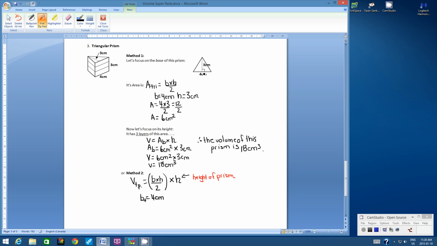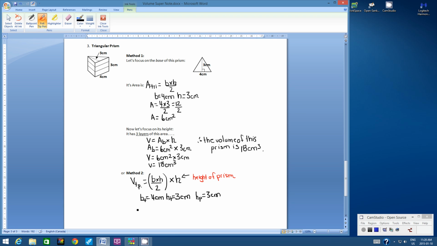And we know that because there's a little diagram up here. The height of the triangle is 3 centimeters. And the height of the prism is, we look back here, 3 layers. It has 3 layers, so we have 3 centimeters. Now I just put these little letters here, these little codes, just so that we know what they mean. This is base of the triangle, height of the triangle, height of the prism.